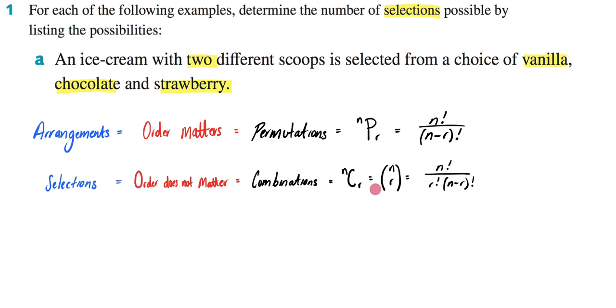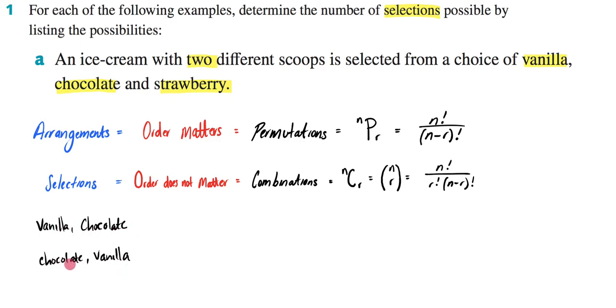So we have an ice cream with 2 different scoops selected from a choice of vanilla, chocolate, and strawberry. Let's really consider what it means when it says the order does not matter. If I got a vanilla scoop first and then a chocolate scoop second, or a chocolate scoop first and then a vanilla scoop second, as you can see, they both contain the same elements.